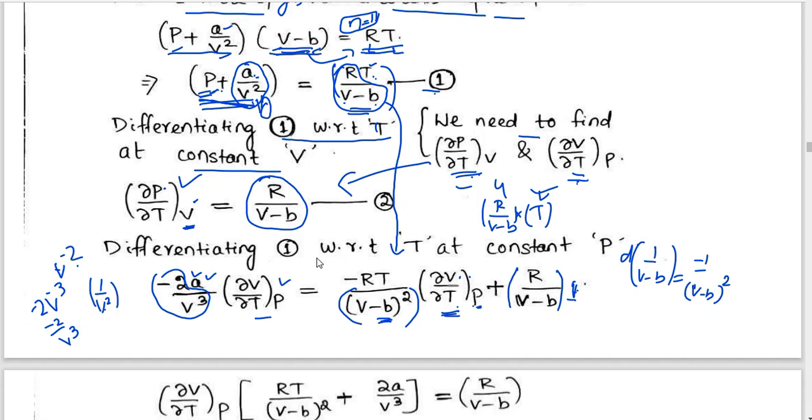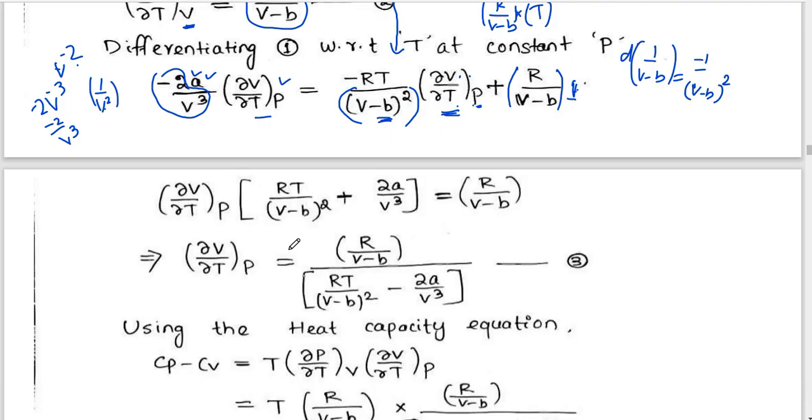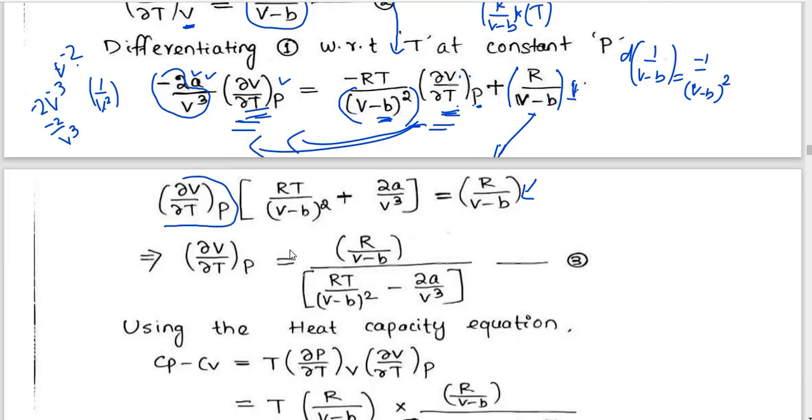We have to find del V by del T at constant P. After that, there is a del V by del T at P on the left side and also on the right side. We will bring them together to one side. So keep R by V minus B fixed on the right side part, and take the right-side part to the left. Del V by del T is taken constant, so the right side part will be positive on the left side.